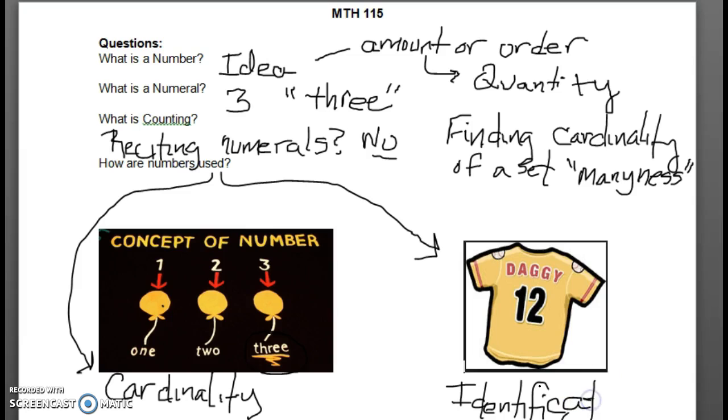I mean, if you think about it, for some reason, sports teams identify their players by numbers. They certainly could have used letters or strange symbols, but for some reason we use numbers. But the numbers don't have anything to do with an idea, an amount, an order, or anything like that. So far we have two uses of numbers, cardinality and identification.